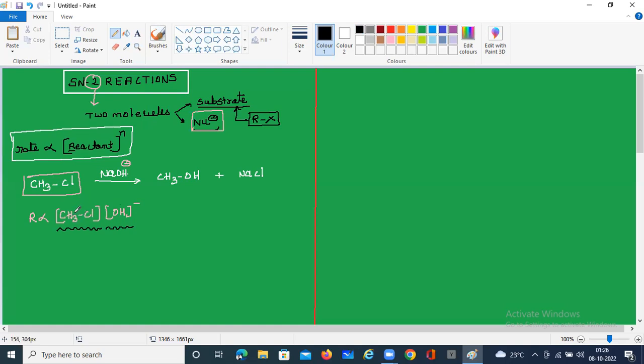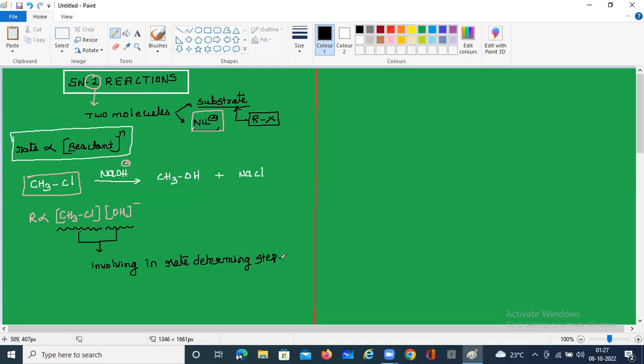So two species, CH3Cl and OH minus, are going to be involved in the rate determining step.